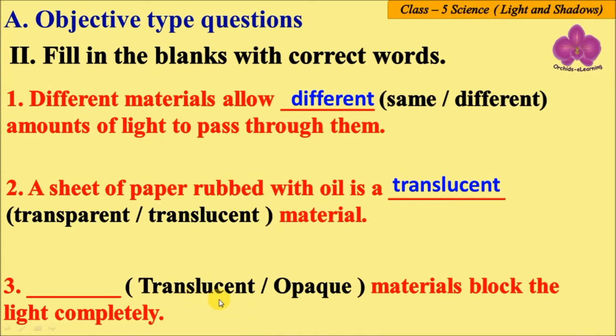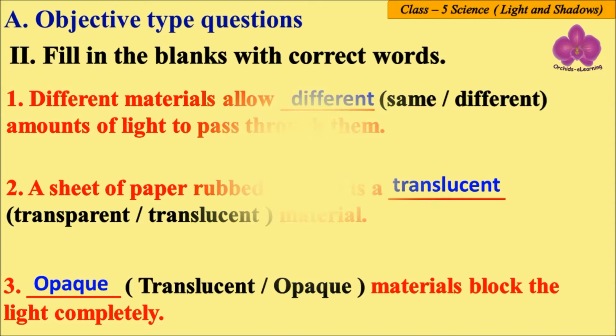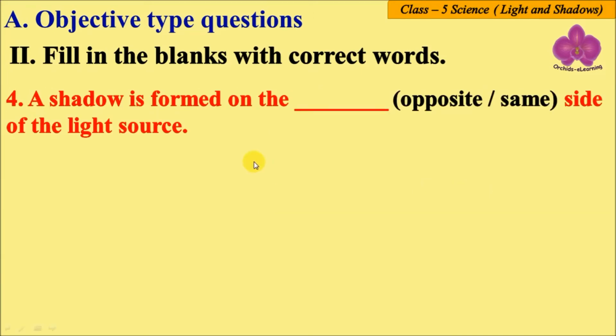Option, translucent or opaque. It is opaque. Number 4. A shadow is formed on the dash side of the light source. Option is opposite or same. It is opposite.